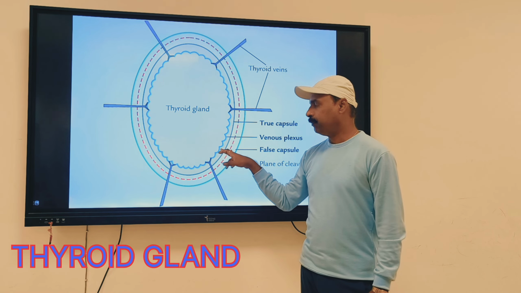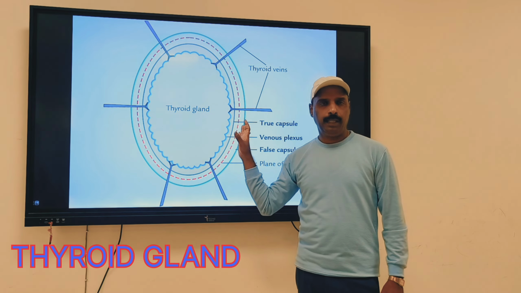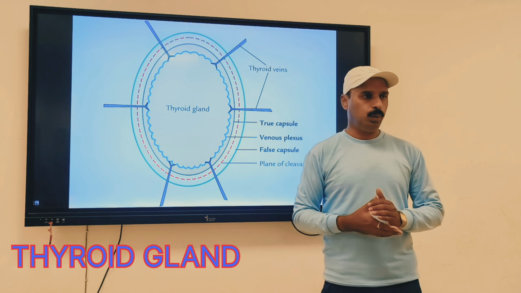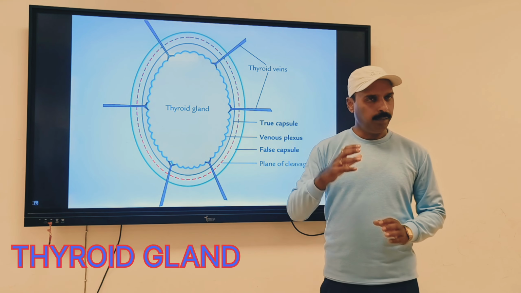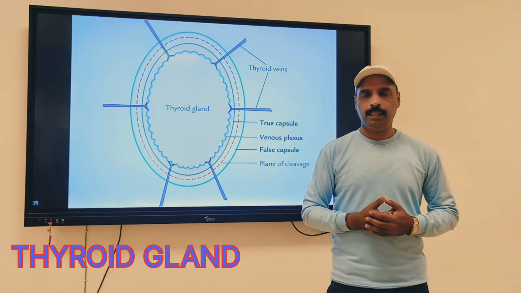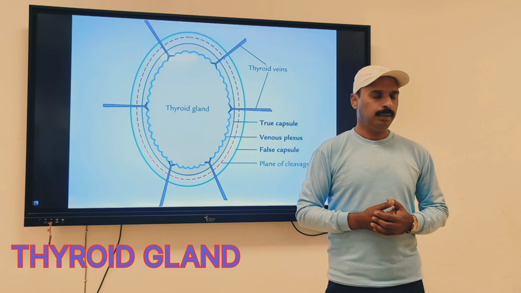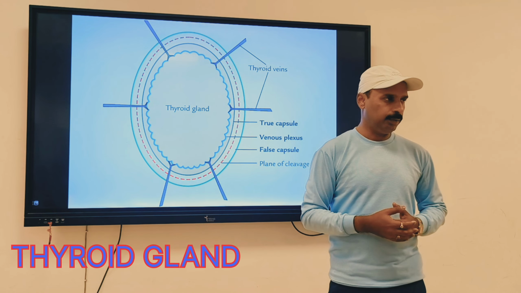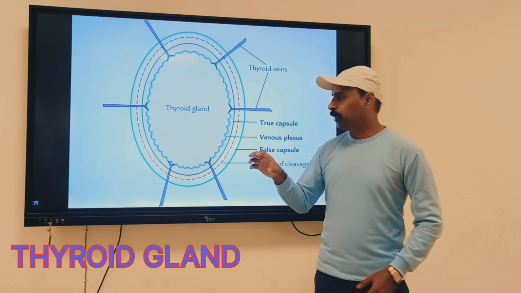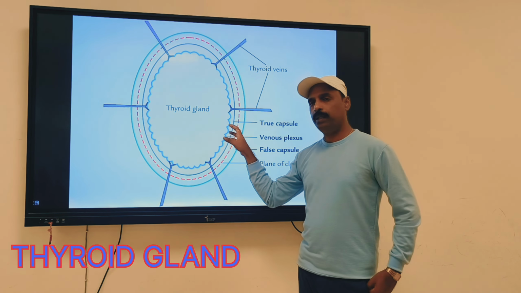The venous plexus is situated deeper to the true capsule. So when we surgically remove the thyroid, that is a thyroidectomy, we remove the thyroid with the true capsule.